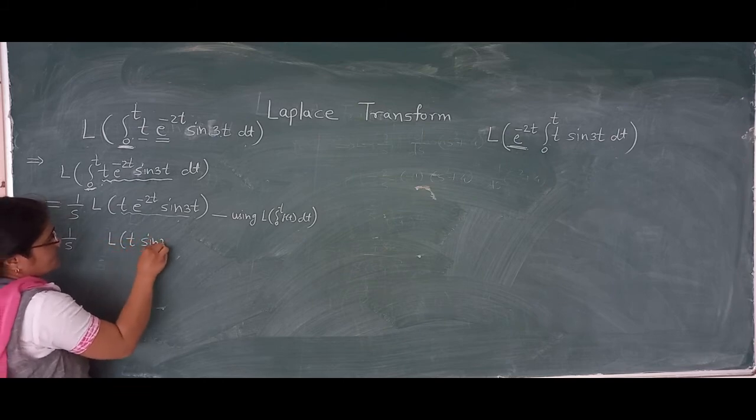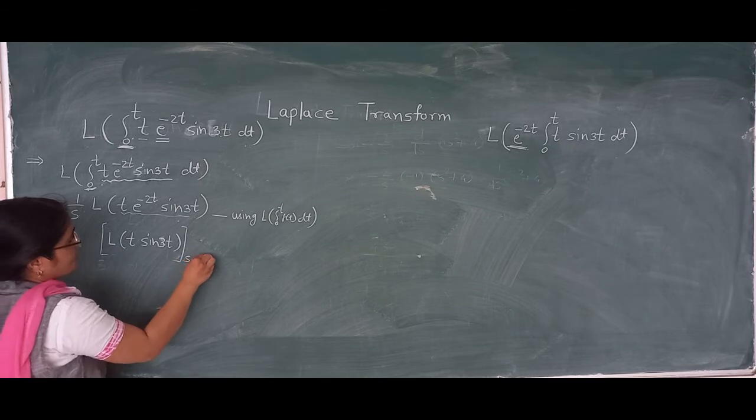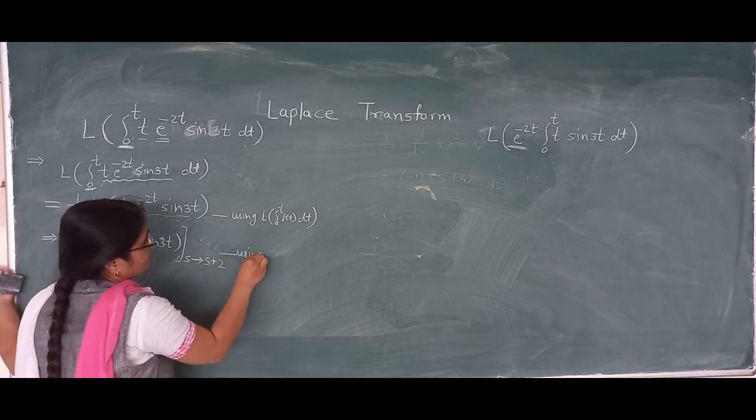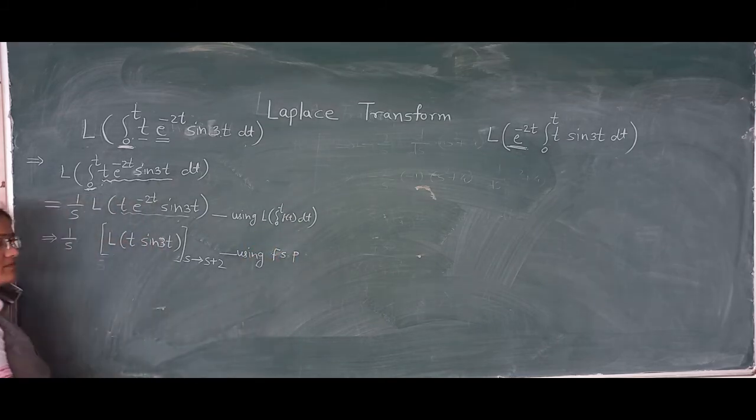So it is t sine 3t, and whatever may be the answer, shift s by s plus 2 using the first shifting property.